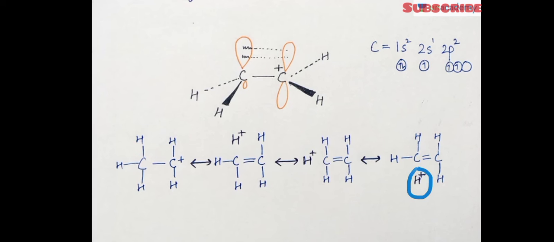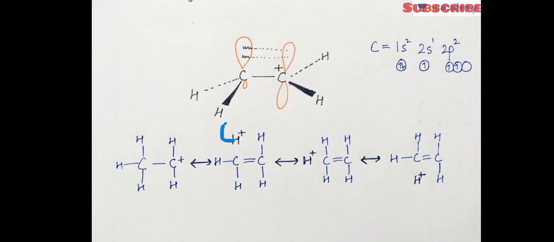So these three structures are called the hyperconjugative structures, and since there is no bond between the carbon and the hydrogen atoms in these structures, hyperconjugation is also called no bond resonance.